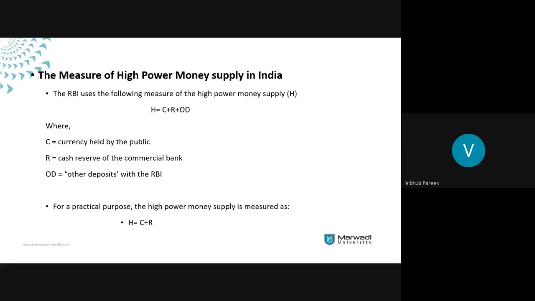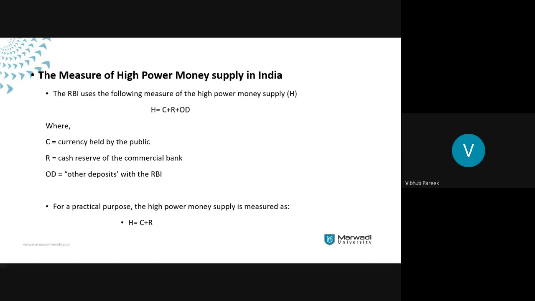You know what happens with the high power money is that for practical purposes, we remove these other deposits. As you have seen the part of OD, we remove that part of OD from the total calculation because it is less than 1%.